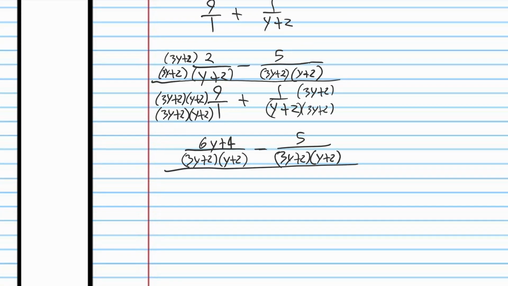We're just going to end up with 3y plus 2 times y plus 2. Let's save that, that's the hard part, so let's save that to the end. So 3y plus 2 times 1 is 3y plus 2.